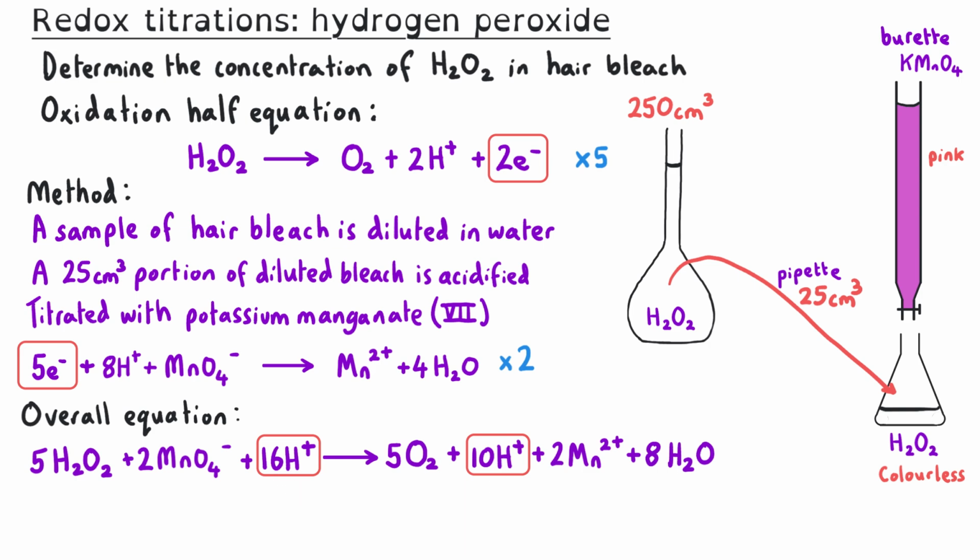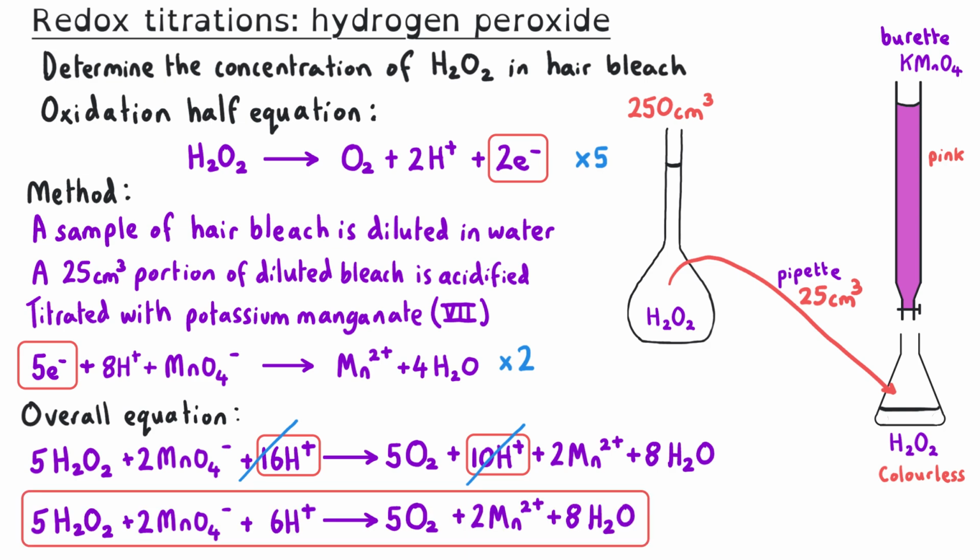So it's really important that we simplify this by removing those 10 hydrogen ions from the product side, and we remove 10 of those 16 hydrogen ions from the reactant side to give us an overall redox equation that I'm showing here, showing that we need a 5 in front of the hydrogen peroxide and a 2 in front of the manganate 7, and those hydrogen ions are again showing that the solution needs to be acidified.